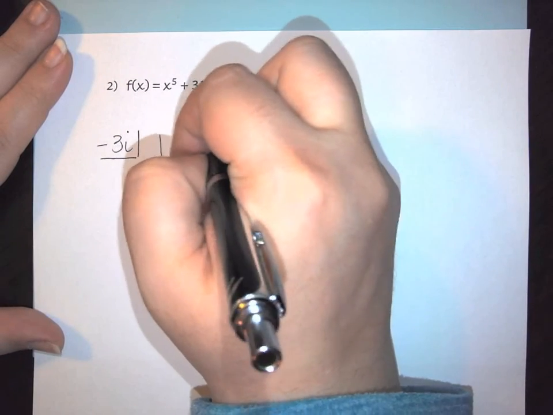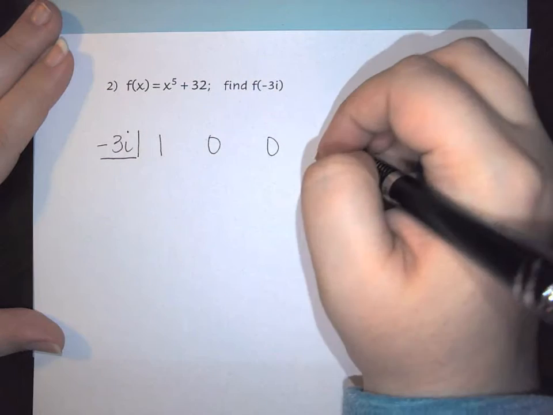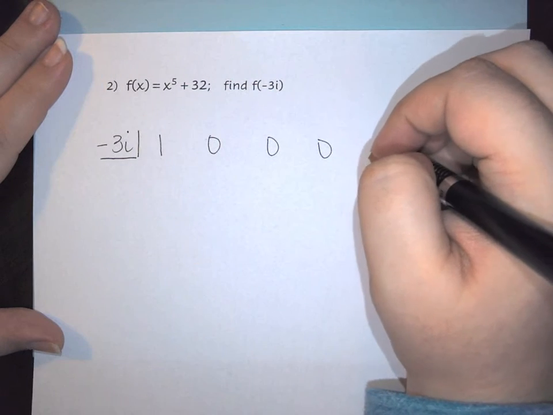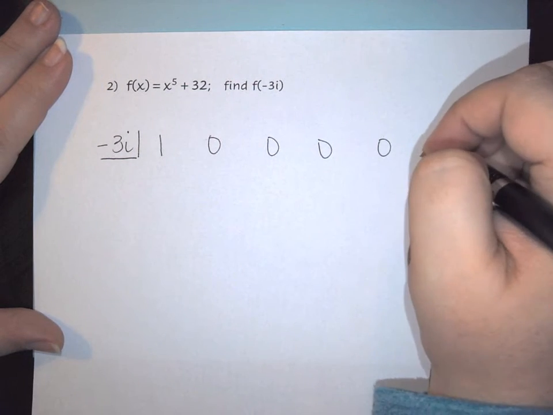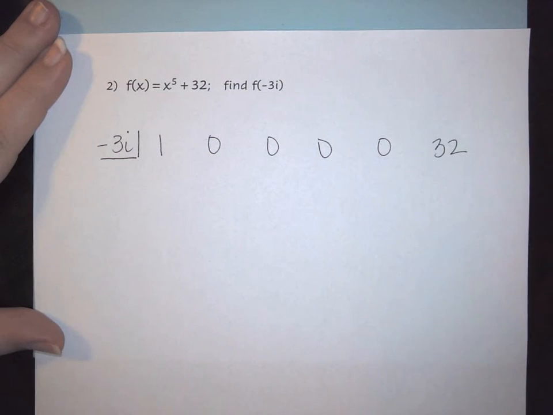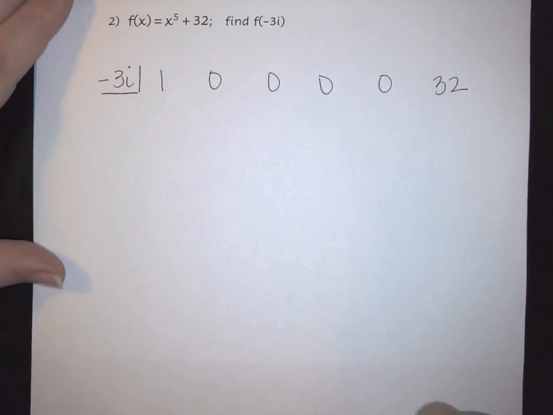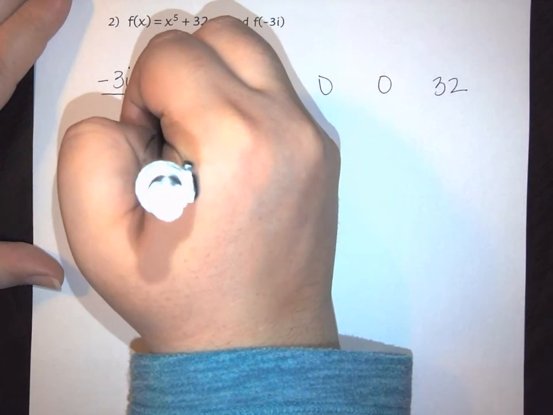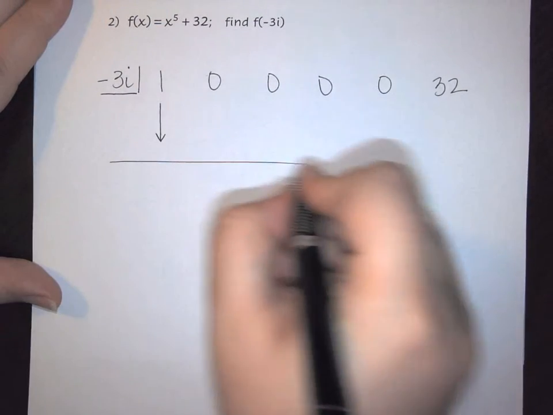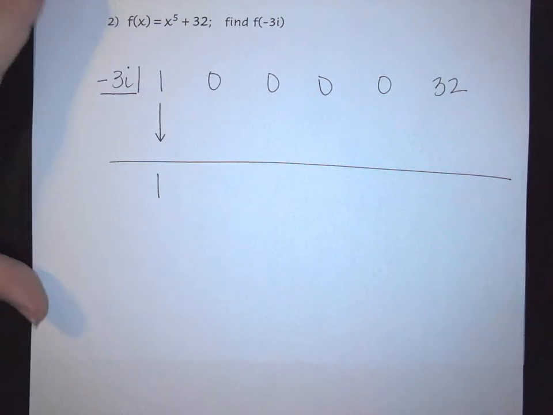So I have 0x to the 4th, 0x to the 3rd, 0x squared, 0x, and 32. Here I'm going to drop it down, draw our solution bar, and just like before, get started.